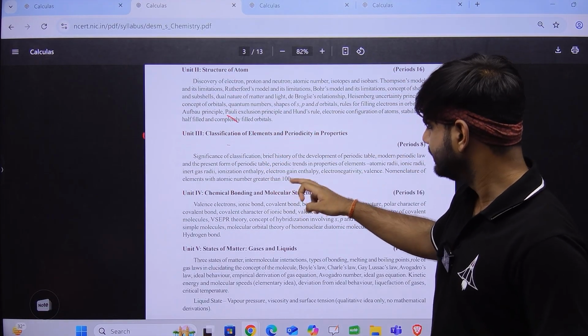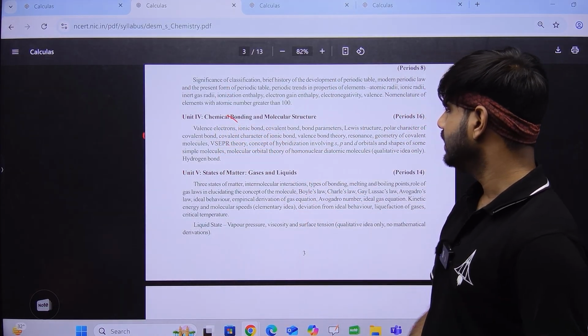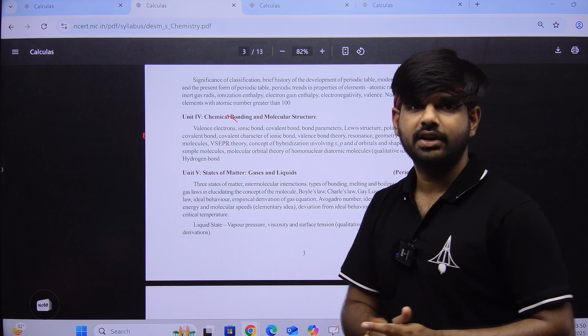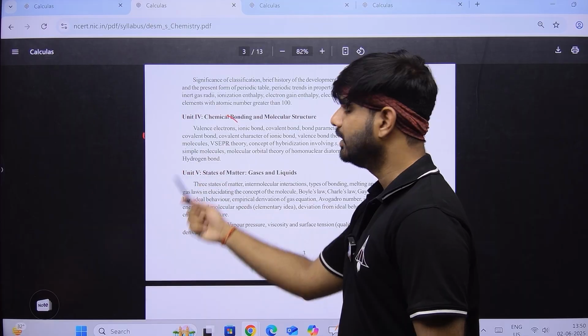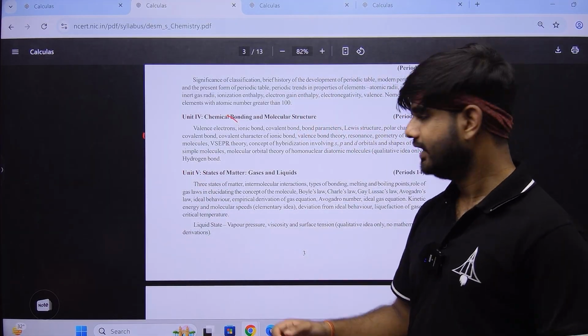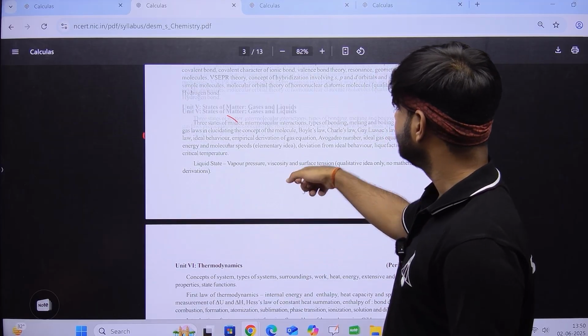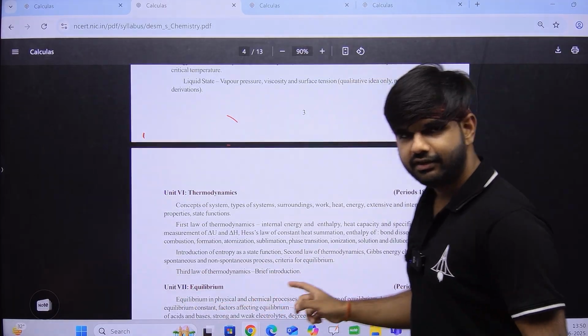Next up we see periodicity, moderately important. Chemical bonding, very important again. Okay, VSEPR theory, hybridization are among some of the topics which are favorites of NEST coordinators. Okay, states of matter, gases, liquids, moderately difficult, thermodynamics, very important chapters.